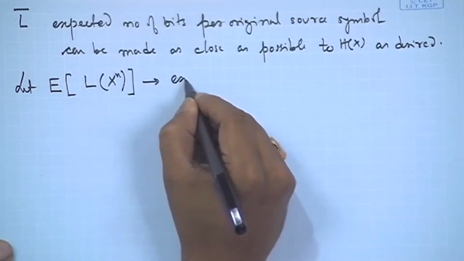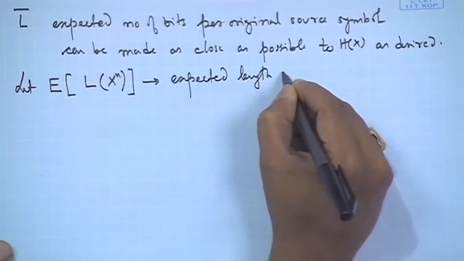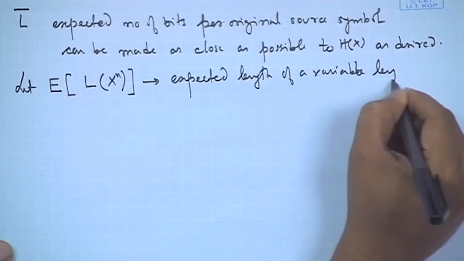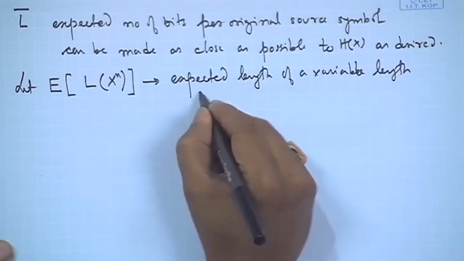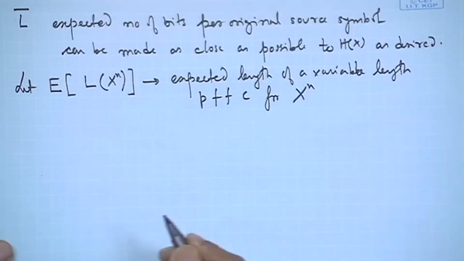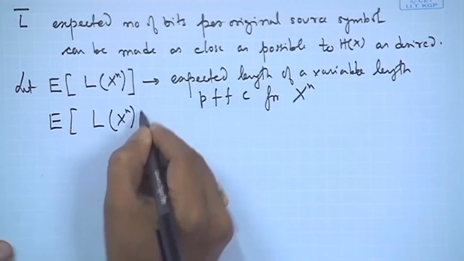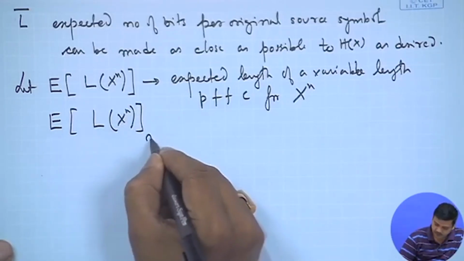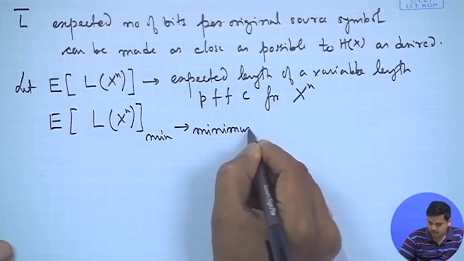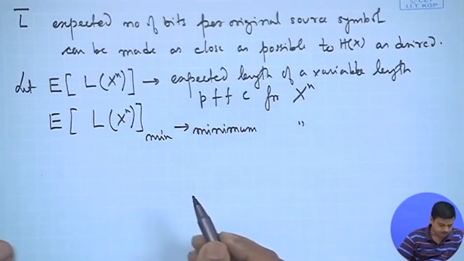This is the expected length of a variable length prefix free code for X^n, and E[L(X^n)]min is naturally the minimum expected length of the same.